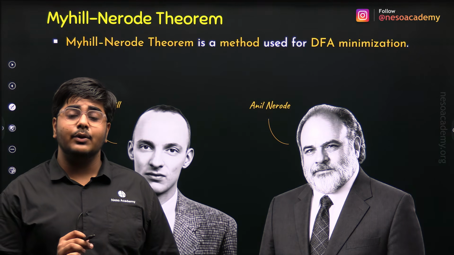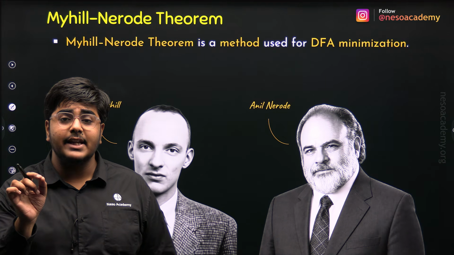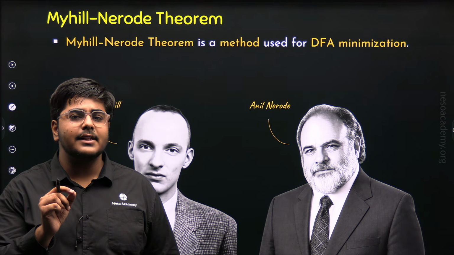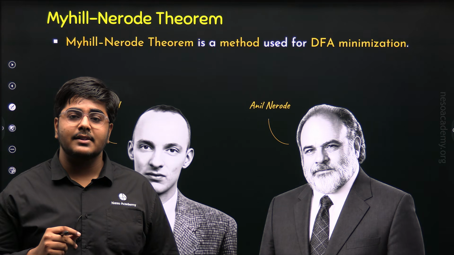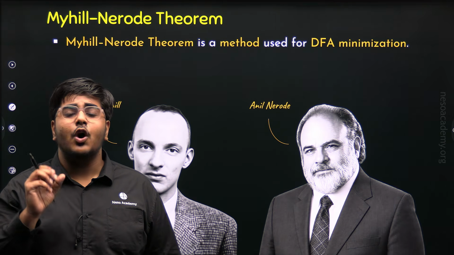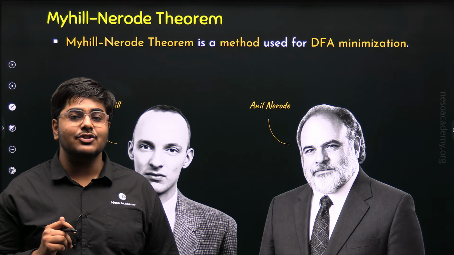According to Myhill-Nerode theorem, if two states behave exactly the same on every possible input string, then it is unnecessary to keep both the states. That is why we can merge those states together to form a single state. And that is the concept of DFA minimization.